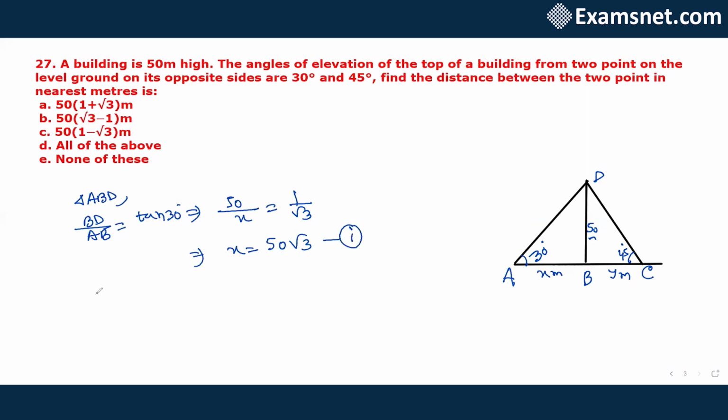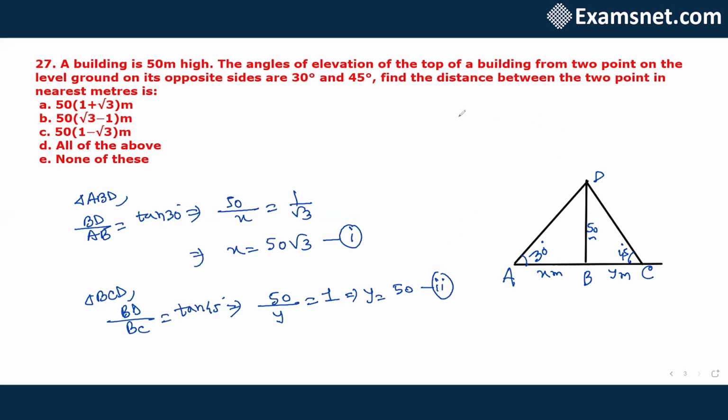Next, consider triangle BCD. So here BD by BC equals tan 45°. That means 50 by y equals 1. Tan 45° gives us the value 1. From here we can get the value of y as 50. Let's name it equation number 2.